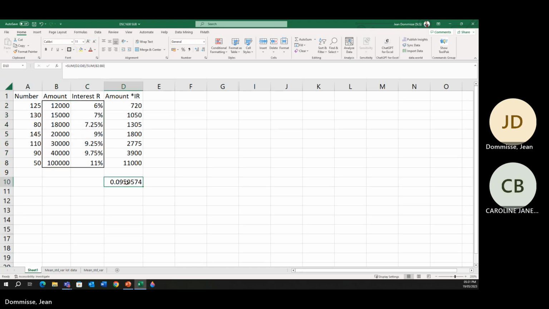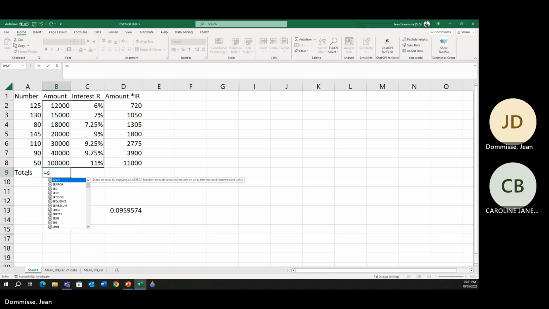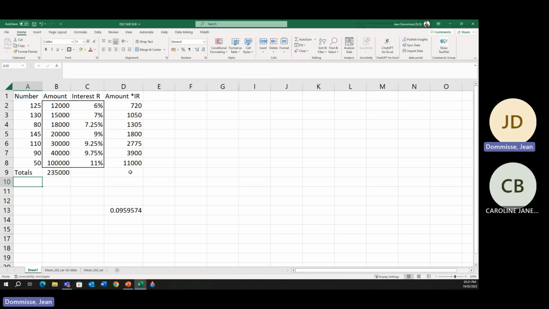You get, let's just call it totals. So you get a total of the amount. You get a total of the amount times the interest rate.